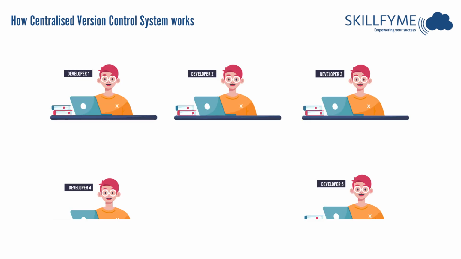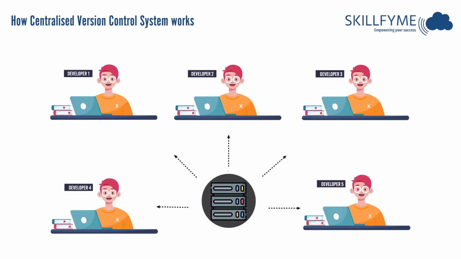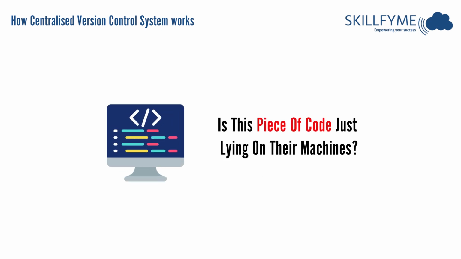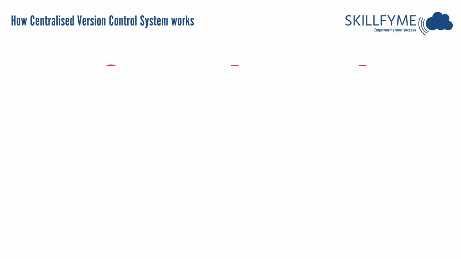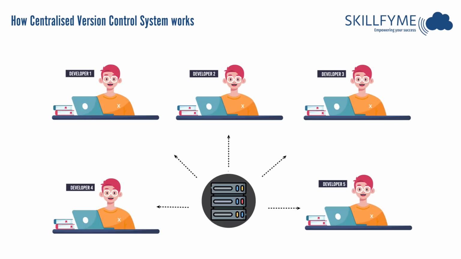So how are all these developers accessing the code on your common server through SSHFS? What does it mean? Is this code lying on their machines? No, it's lying here, and everyone is connecting here and modifying the code here only.